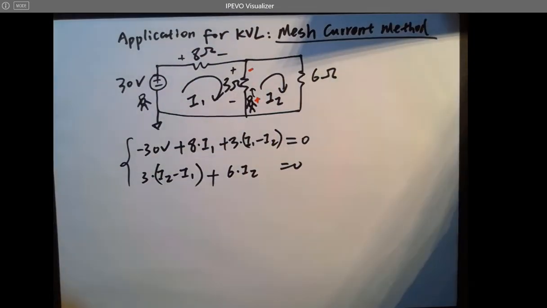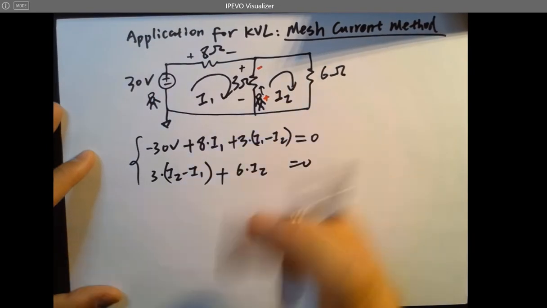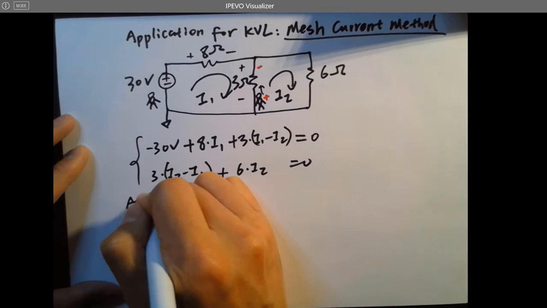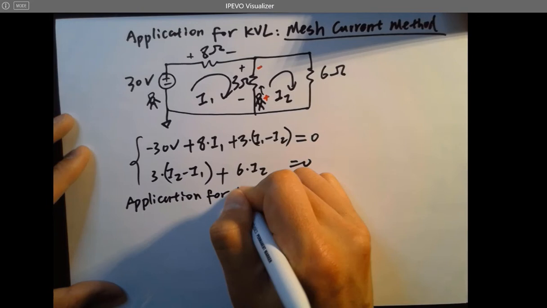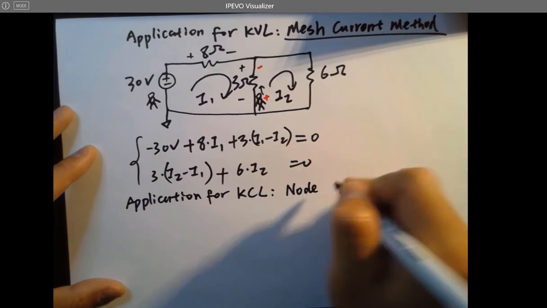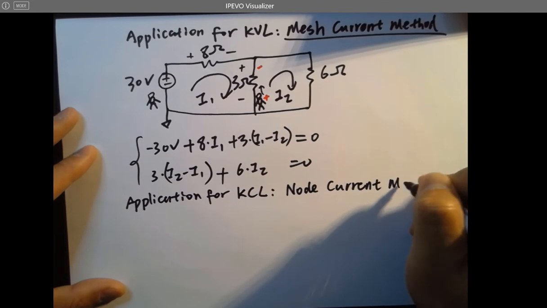What about KCL? The very typical application for KCL is called the node current method. If we are using the same circuit, it's called the node current method.